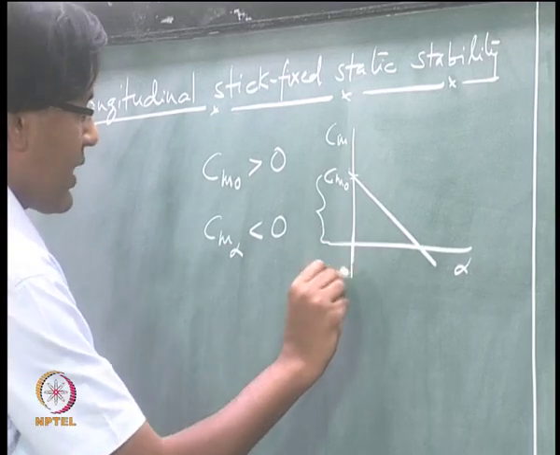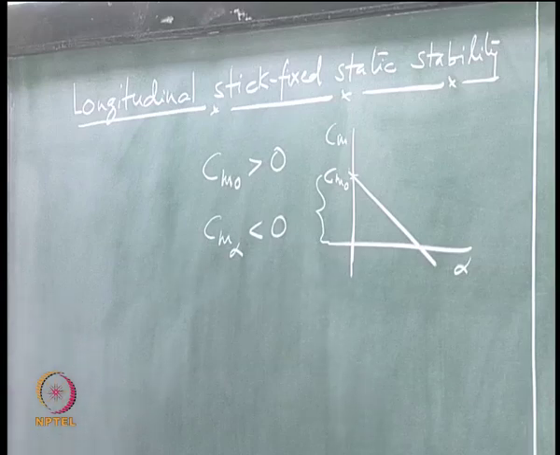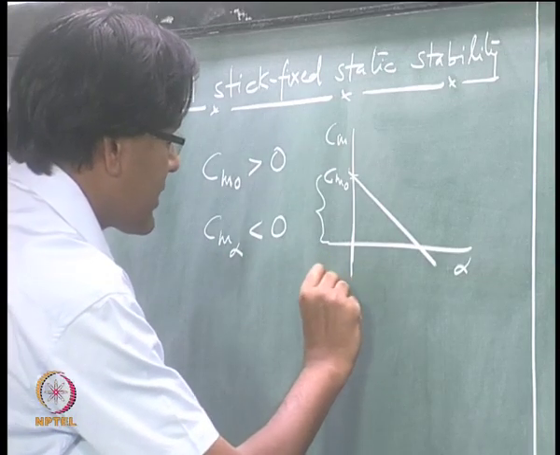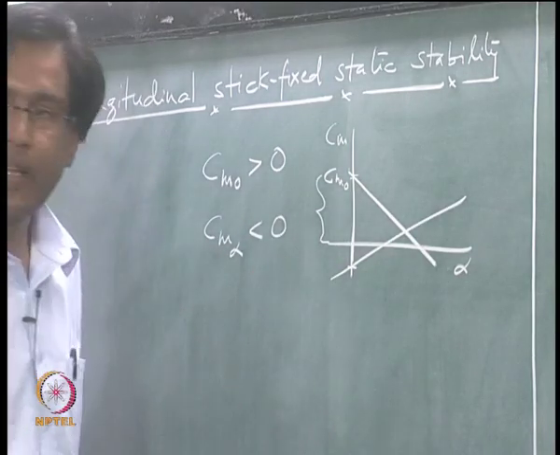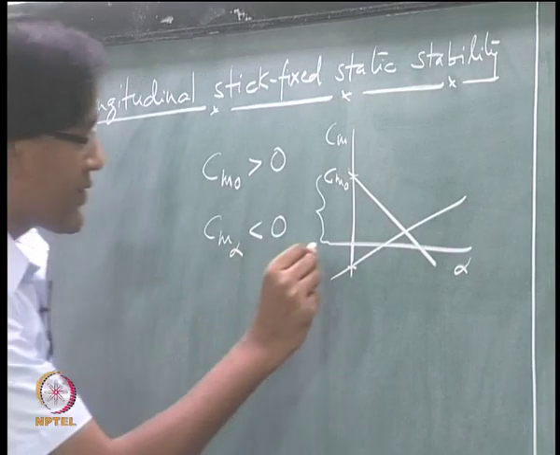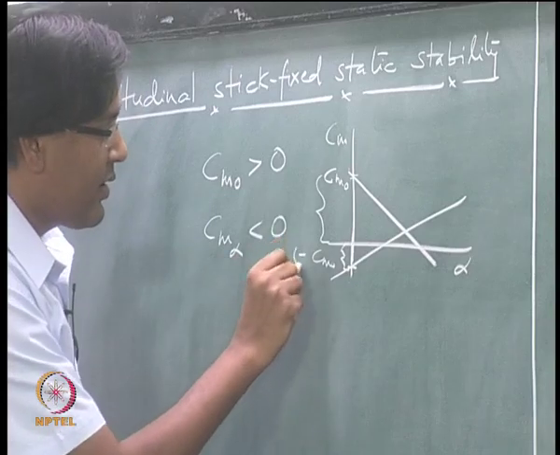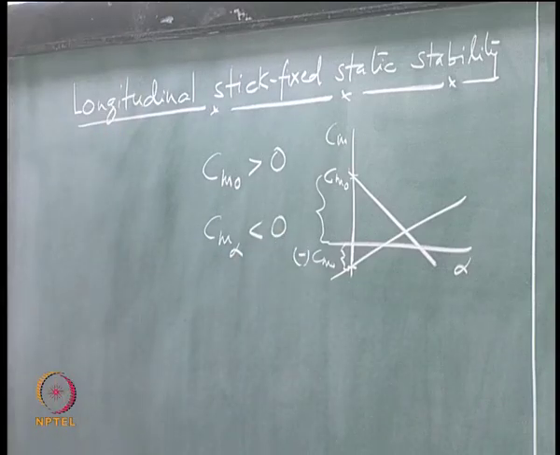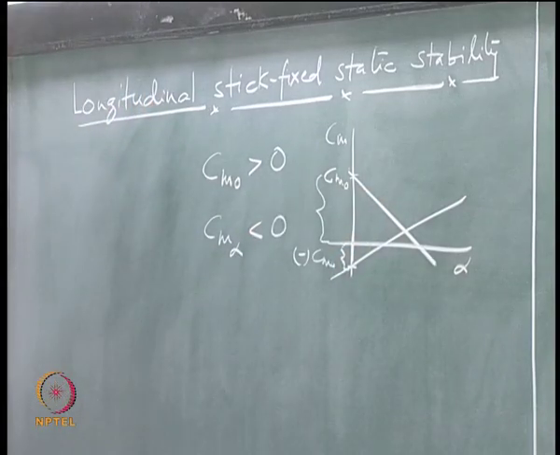We saw in the last class that the graph of the wing alone Cm versus alpha curve looks something like this, right. So, a positive cambered airfoil for the wing gives you this Cm naught, which is negative, right, and Cm alpha is having a positive slope, right.